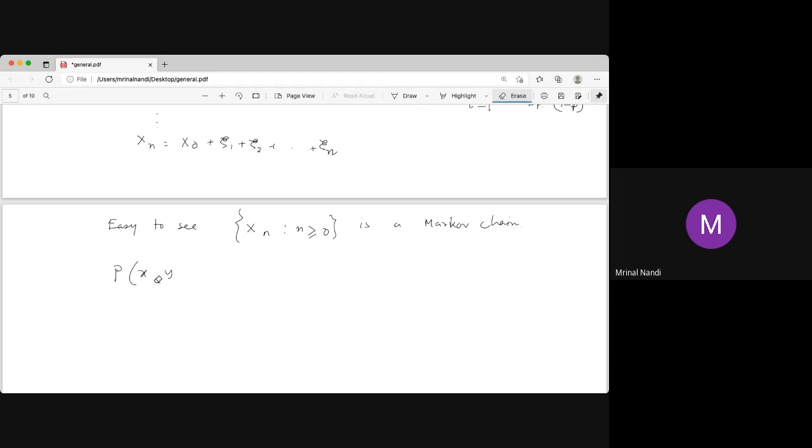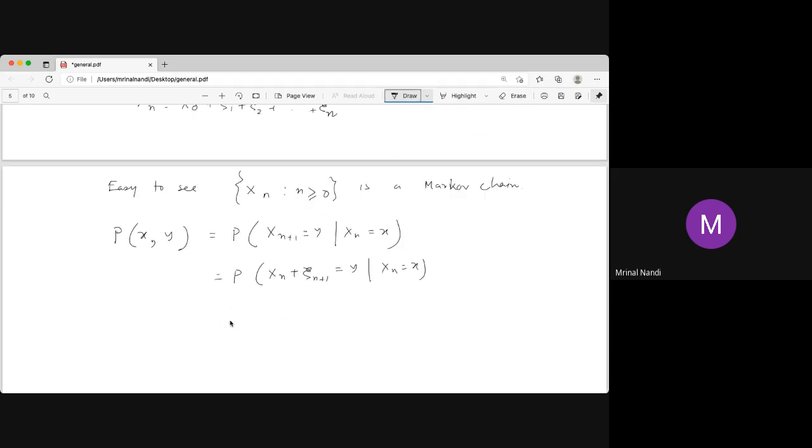You start from x and you want to go to y in the next step. That means xn plus 1 equal to y, given that xn is x. What is xn plus 1? It is xn plus xi n plus 1, which is y, given that xn equals x. What is the probability? This is nothing but the probability of xi n plus 1 equal to y minus x, given xn equal to x.